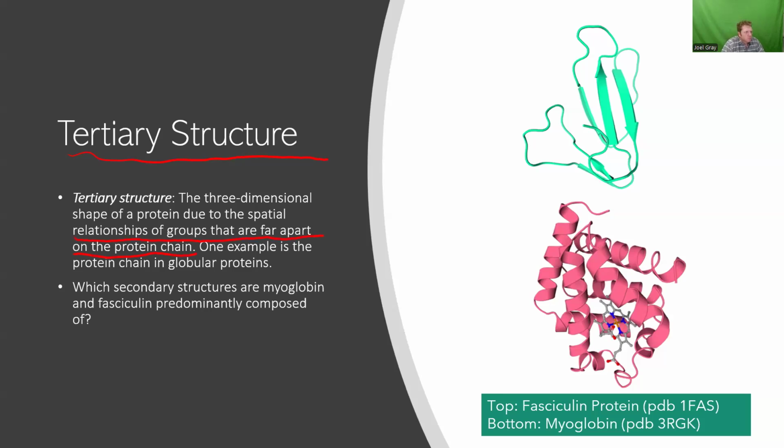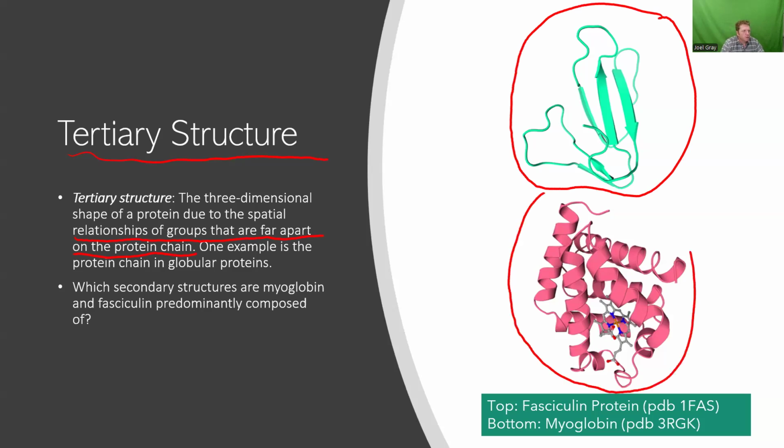I'll give you here, this right here is an example of a protein. Down below is another protein. The lower one would be fasciculin, and this would be myoglobin. Has anyone ever heard of myoglobin or a similar globin protein?